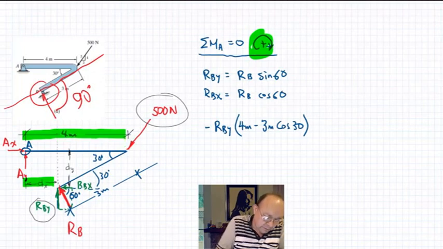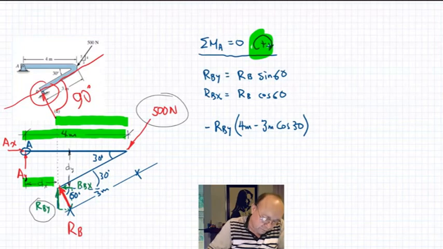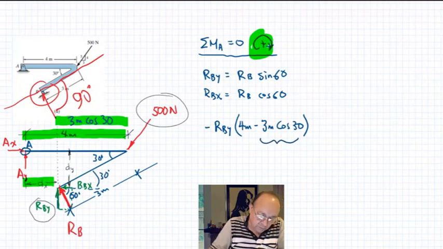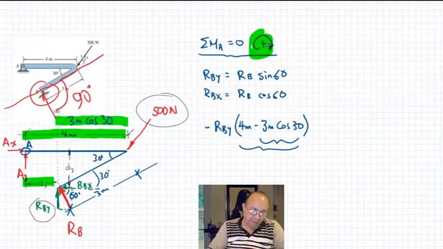And this distance right here is equal to 3 meters cosine 30. So we have here 4 meters minus 3 meters cosine 30. That's the moment produced by RBY.